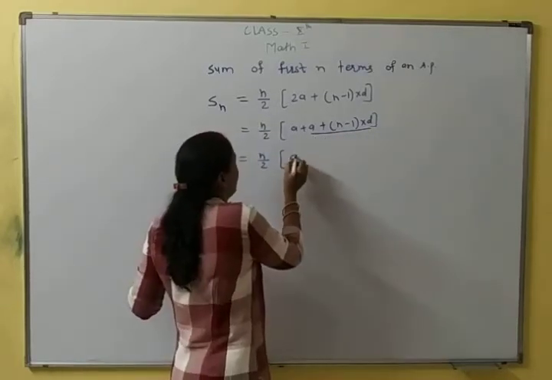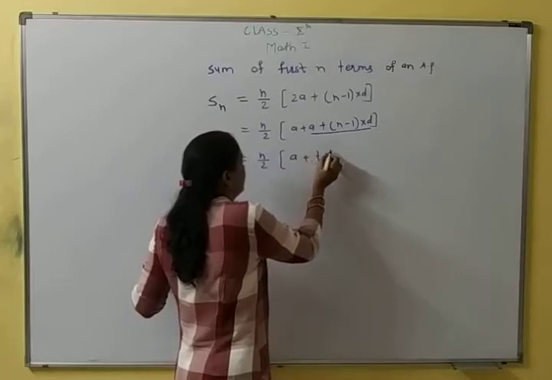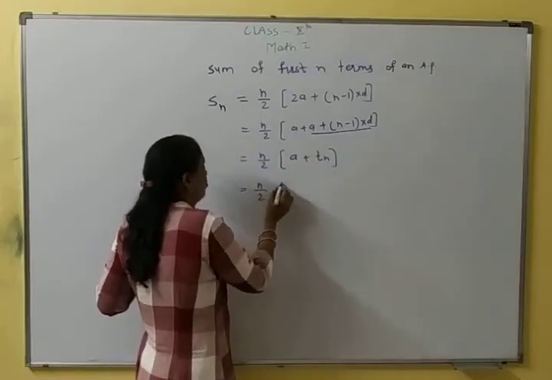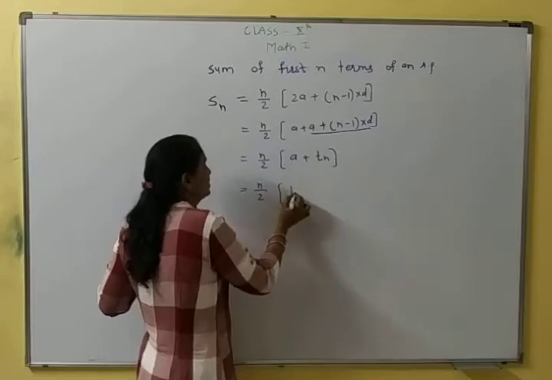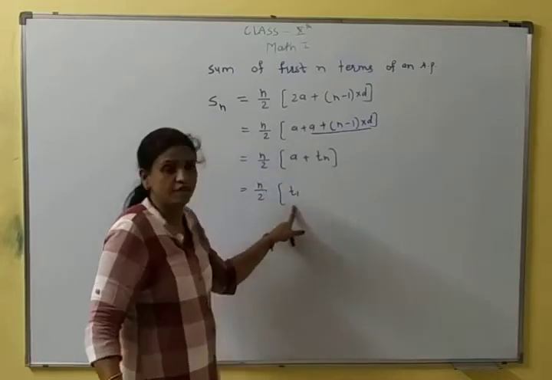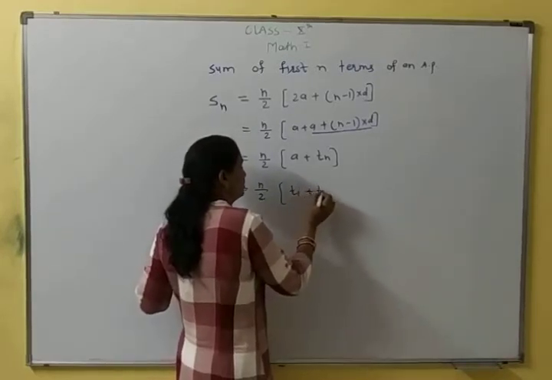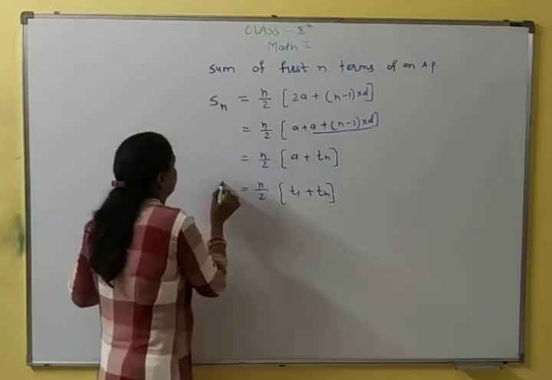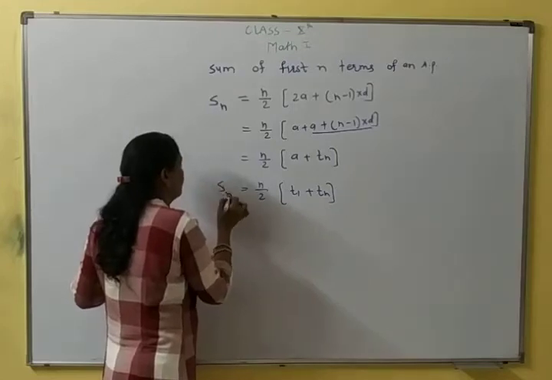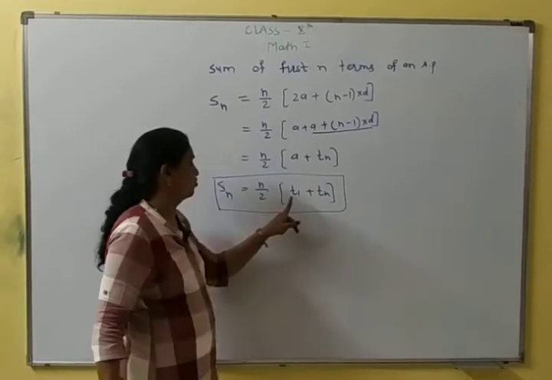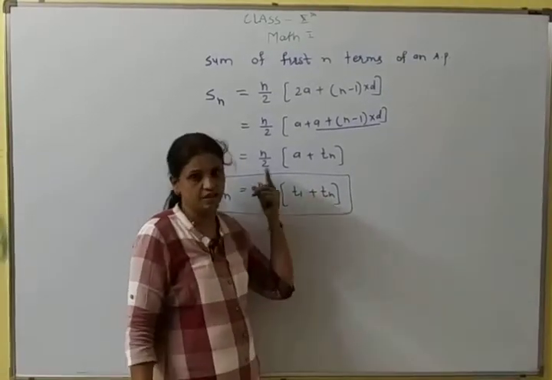So A plus Tn, equal to n upon 2. And A means T1, the first term; A is the first term, and T1 is also the first term. So A equals T1 plus Tn. So the sum of n terms equals n upon 2 into (first term plus nth term).